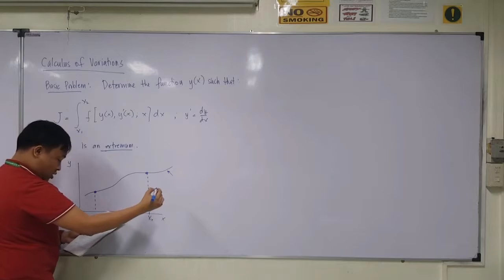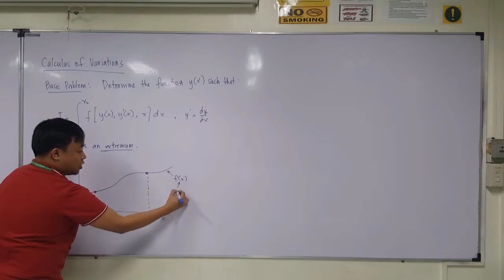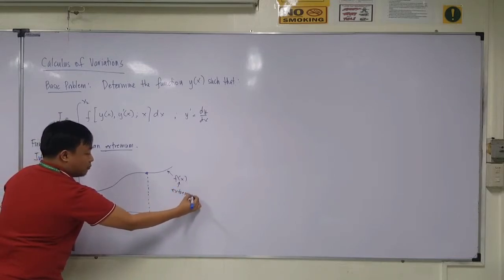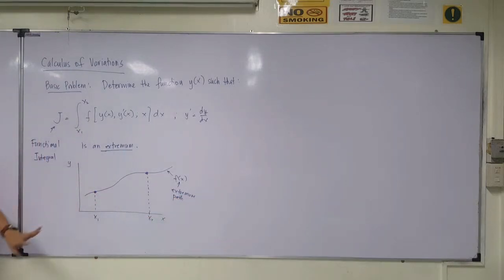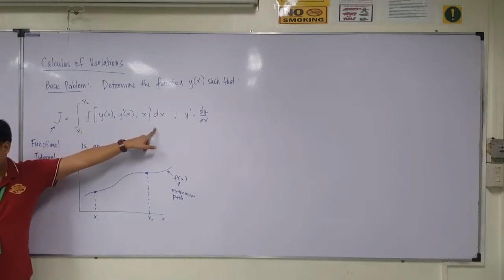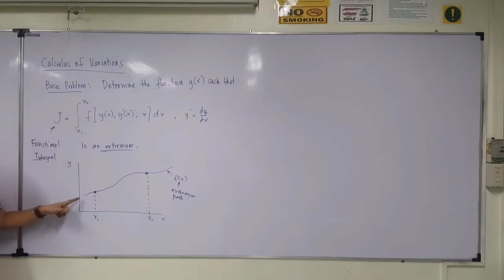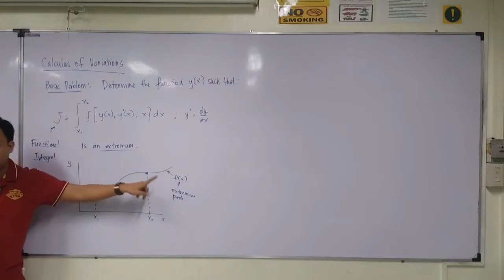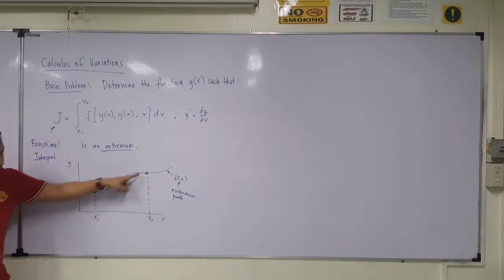This is our extremum path, and we don't know this path right now. This is our goal. We're going to define this function f and take the extremum of that f in order to get J. As an example, let's say this is your extremum value. This is our goal, but we only know the points x1 and x2.